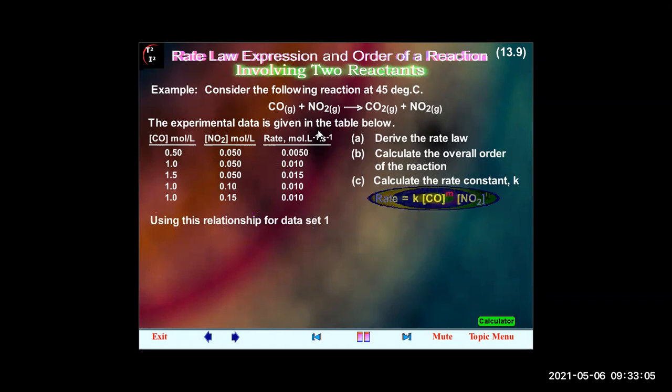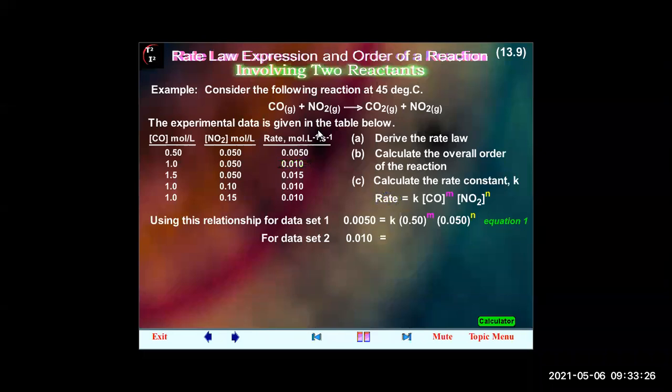Using this relationship for data set 1, 0.0050 equals K times 0.50 raised to the power of m times 0.050 raised to the power of n. For data set 2, 0.010 equals K times 1.0 raised to the power of m times 0.050 raised to the power of n.